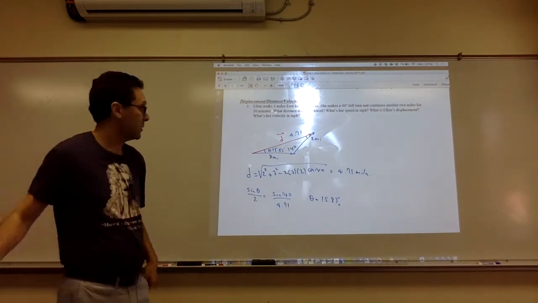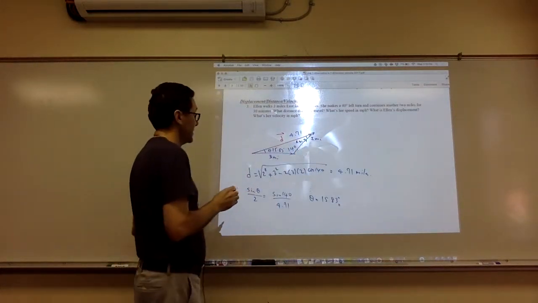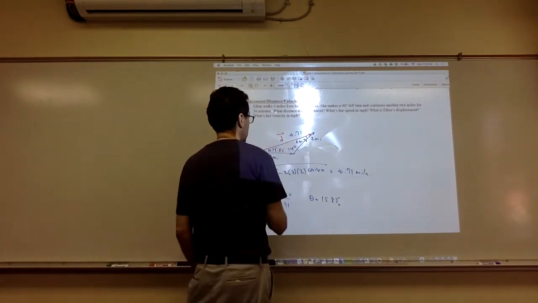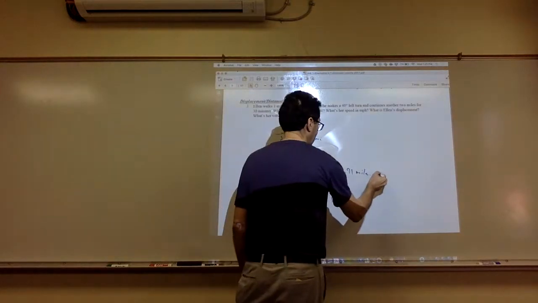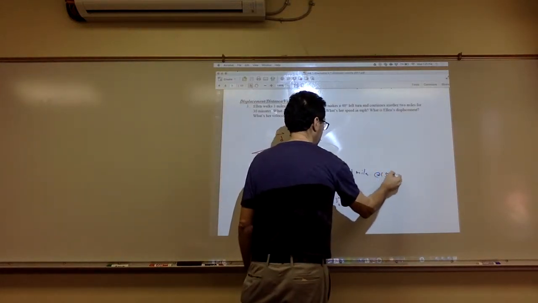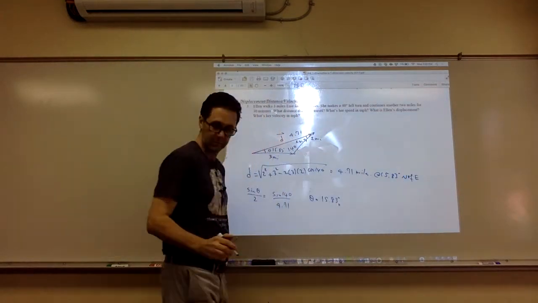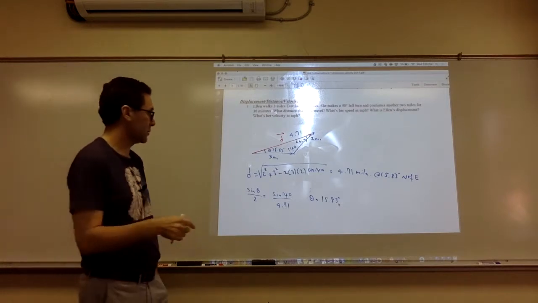So this other angle is 24.71. So I think the triangle makes sense. Okay? You have 140 and you have the longest leg across from it, etc. Right? Okay. And we have to say it's 15.83 north of east. Okay? I said 15.90, but that's close.